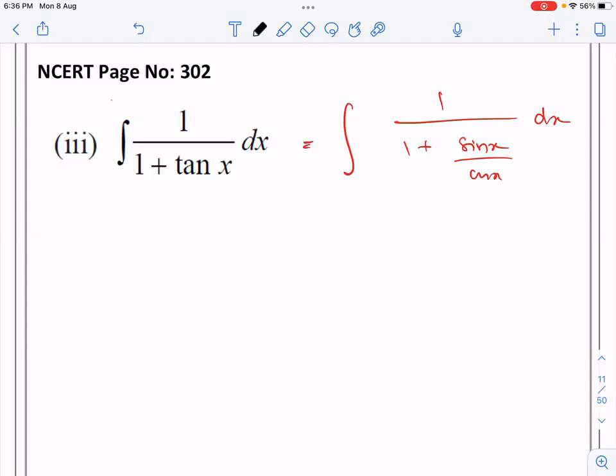Don't look at the solution, it is confusing. They added something and subtracted something, because they wanted to write cos x plus sin x, so they added sin x and subtracted sin x. You think of what best you can do to eliminate the denominator.